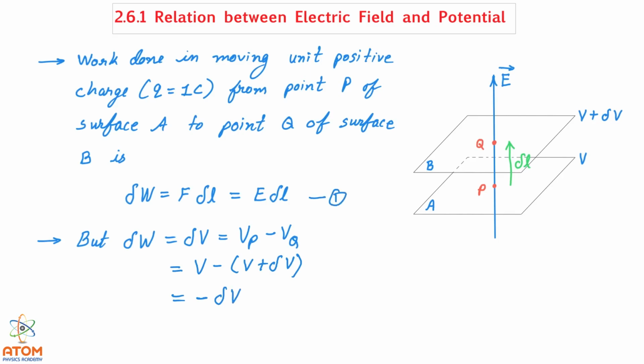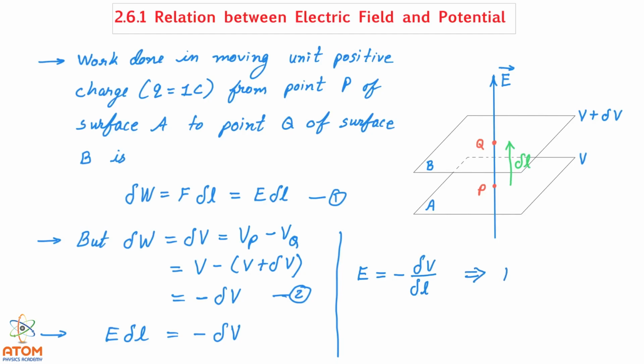Now I can compare these two equations, and so we can now write that E del L is equal to minus del V, and here comes one important equation, that E is equal to minus del V by del L, or also you can write it like E is equal to minus dV by dl.